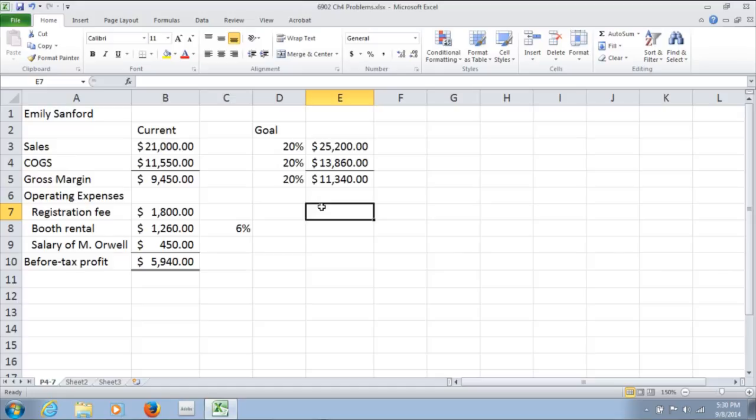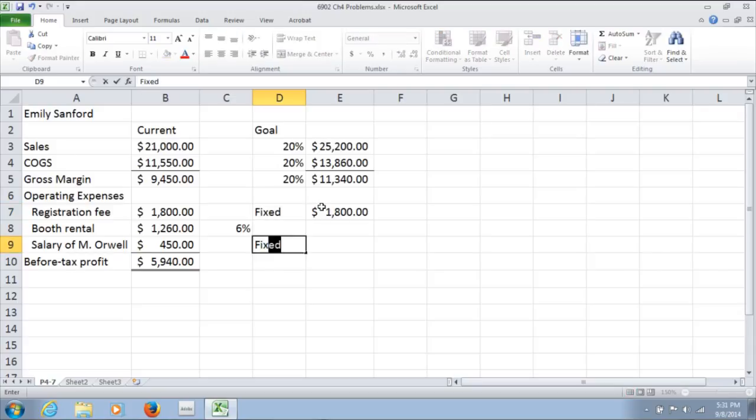Well, if the registration fee is considered here, it's like if she increases that by 20%, then you would see that the entirety of column D would be all changed to 20%. But the registration fee itself won't change. She just happens to sell more. So this is not going to change because this is a fixed cost.